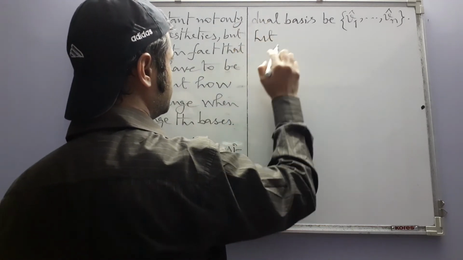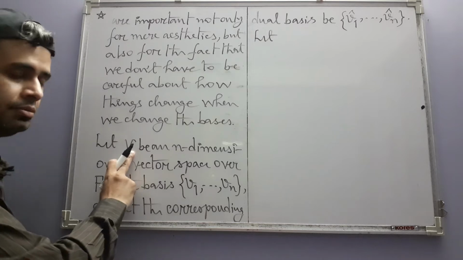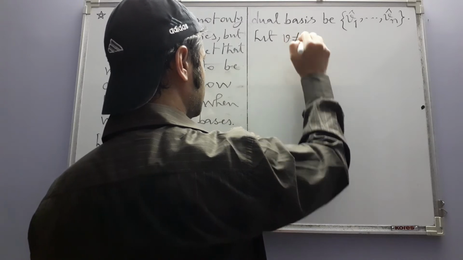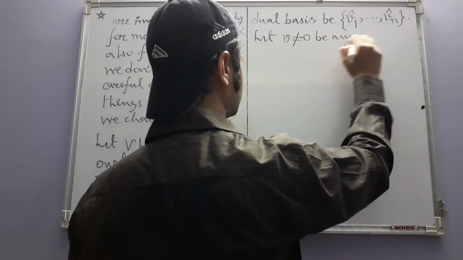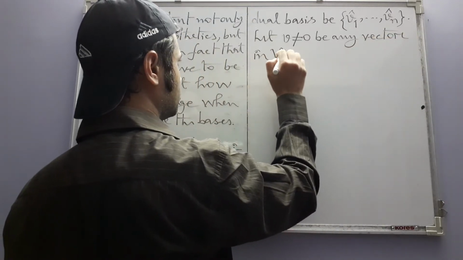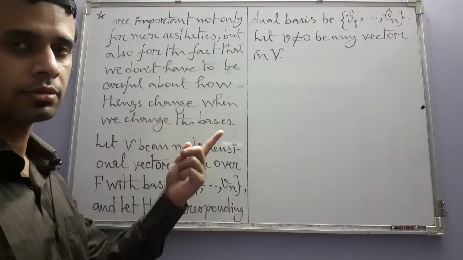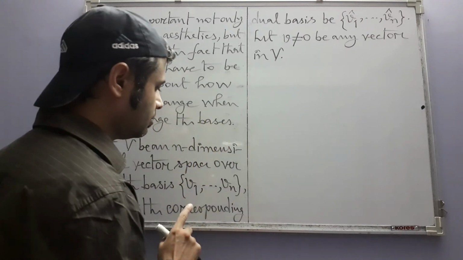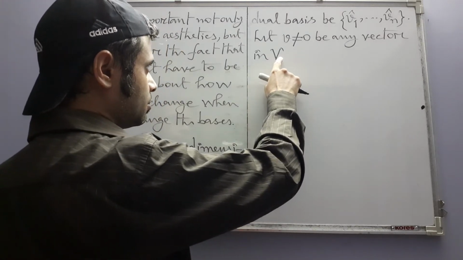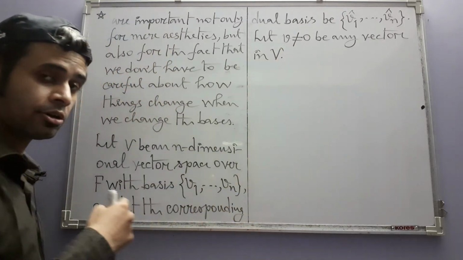Now what we do, we choose any non-zero vector in our vector space V. Now let v not equal to 0 be any vector in V. What we are now trying to show, only using this notion of dual basis, is that we can find a linear functional on V which, if you evaluate at v, will give you a non-zero scalar.